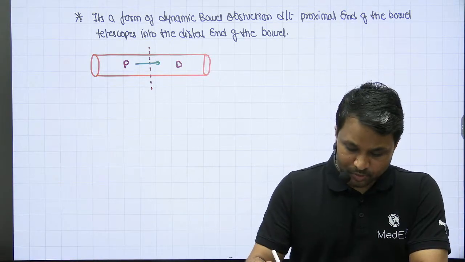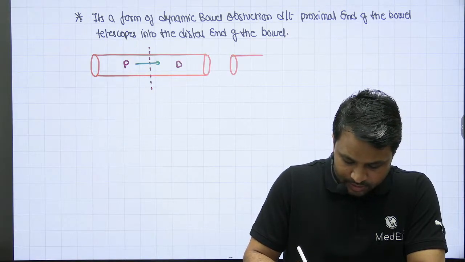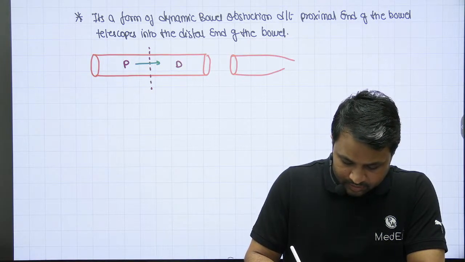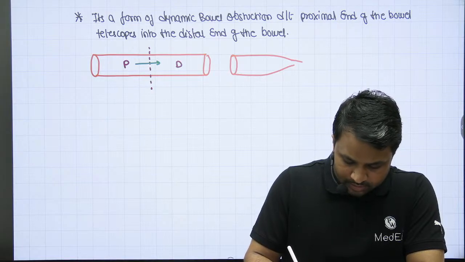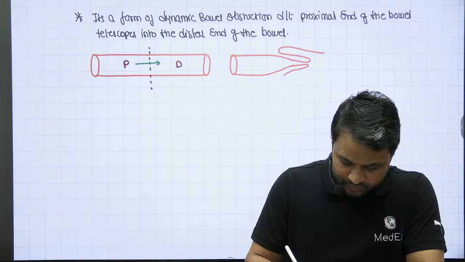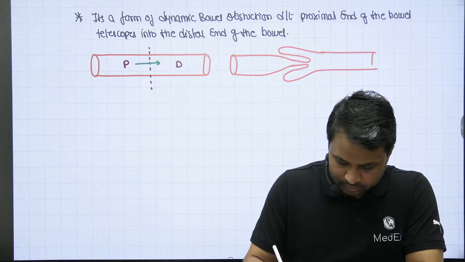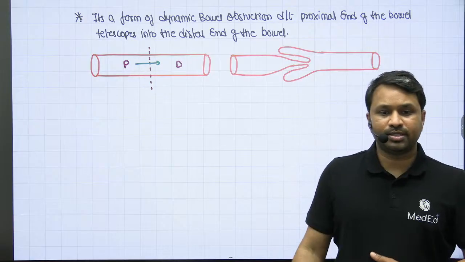Once it telescopes, this end of the bowel is going to go inside and get accommodated. This is what we call intussusception.